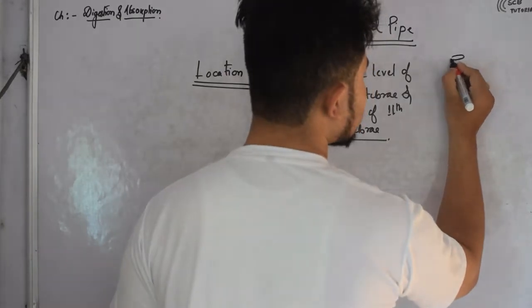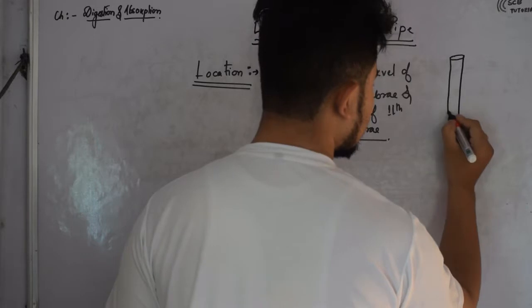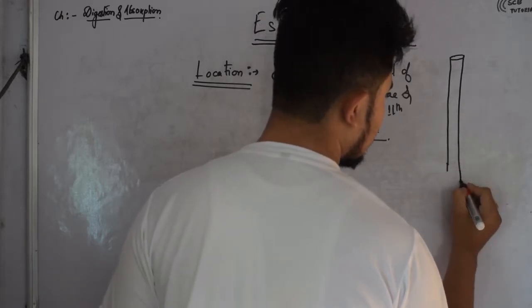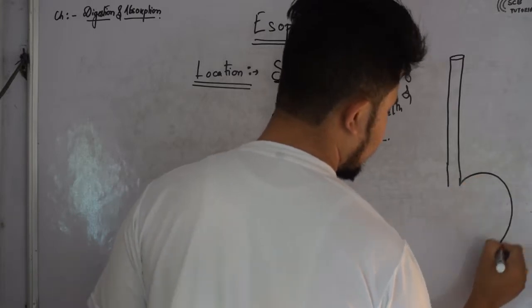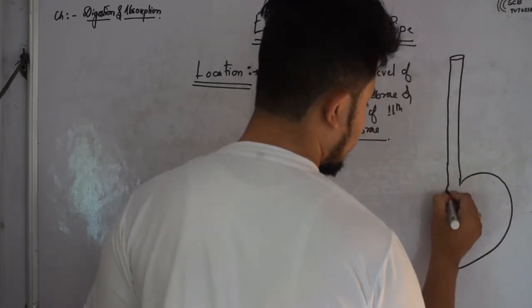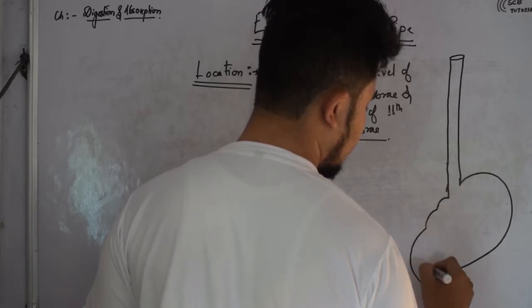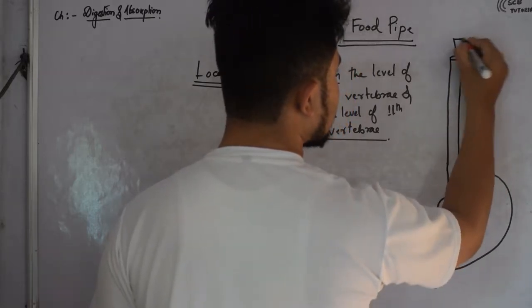So the esophagus is a thin tube. It will run like this. Here I am drawing it.